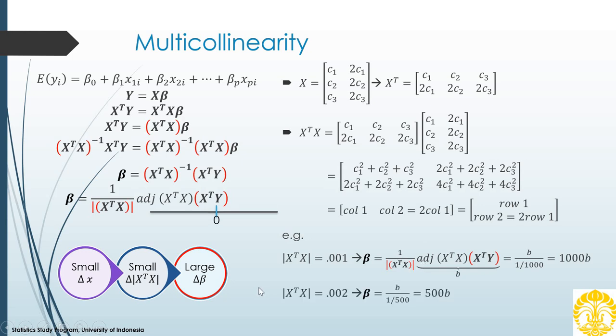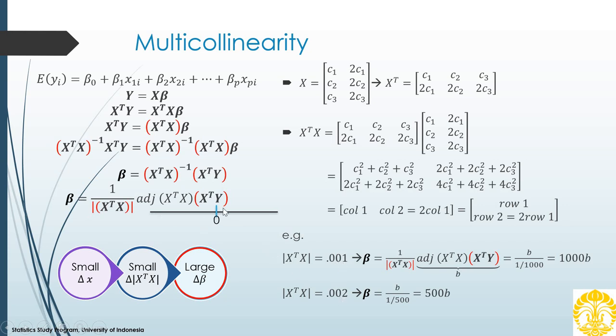Now, if we change the X a little bit, say we get more data and there is variation in the data, so there are some changes in X, and it gives some changes in X transpose X. Let's say it affects the determinant, so it changes from 0.001 to 0.002.